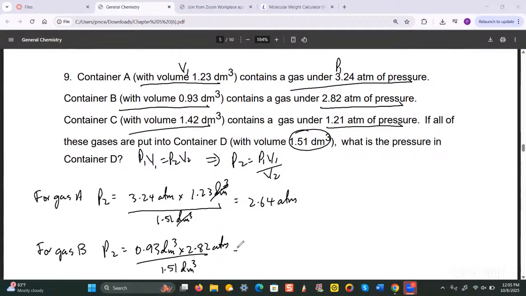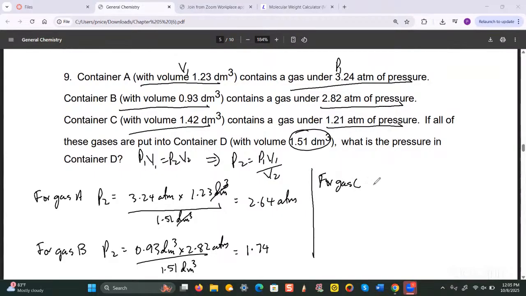Exactly. So let's see what that gives. 0.93 times 2.82, and then divide by 1.51. According to my calculation, this works out to be equal to 1.74 atmospheres.